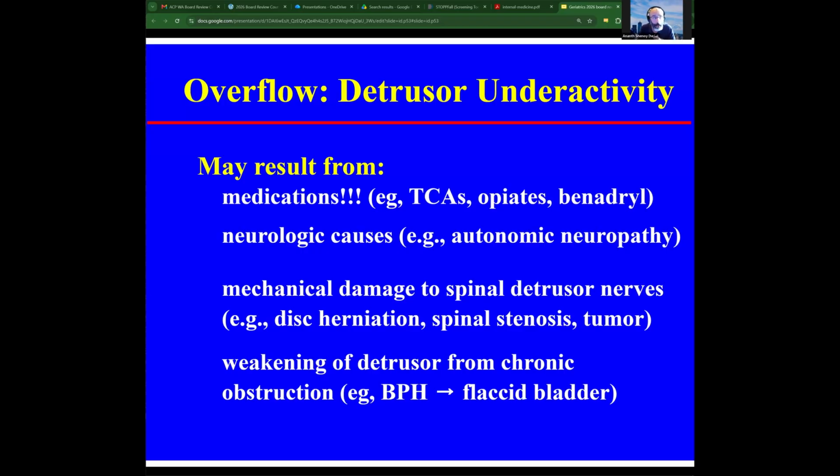You also want to think about neurologic causes, patients with longstanding diabetes, with that autonomic neuropathy, and then, of course, mechanical damage. So, your patients who have had surgery on their back, and of course, if they've had damage to the sphincter from things like prostate surgery, and then, of course, chronic weakness of the detrusor from long-standing BPH.